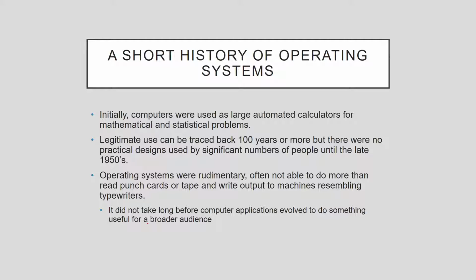The operating systems were rudimentary, often not able to do more than read punch cards or tape and write output to the teletype machines. The tape or deck of cards was loaded and a button was pushed on a machine to indicate the input was ready.